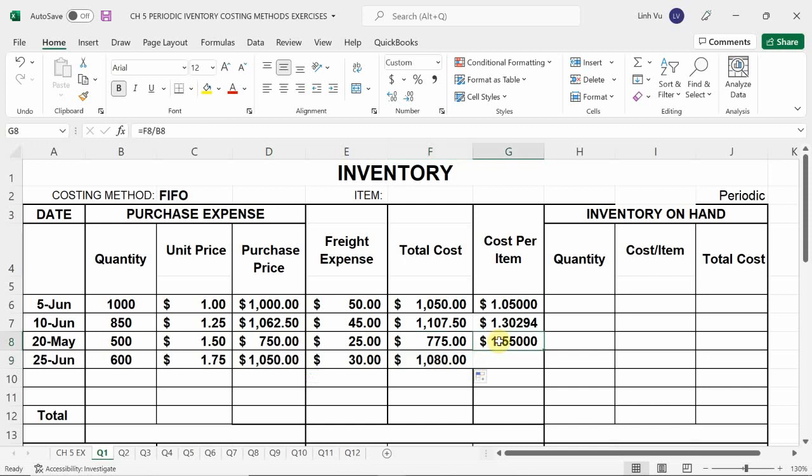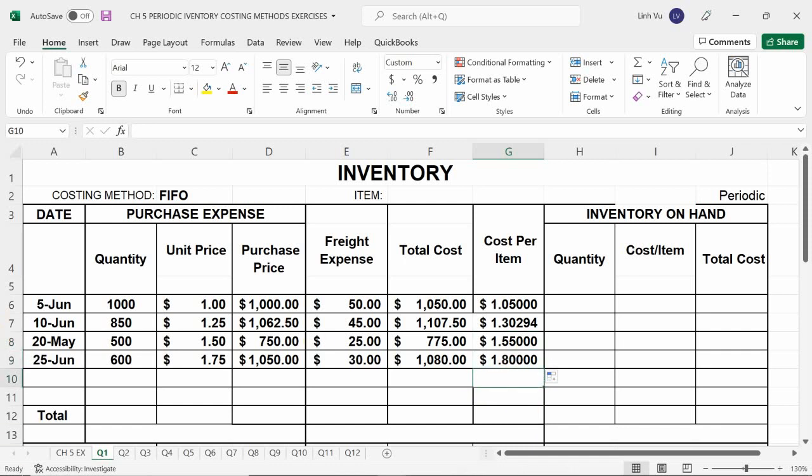All right, so what's my cost per item here going to be? If I have 1,080 divided by 600, that's $1.80.